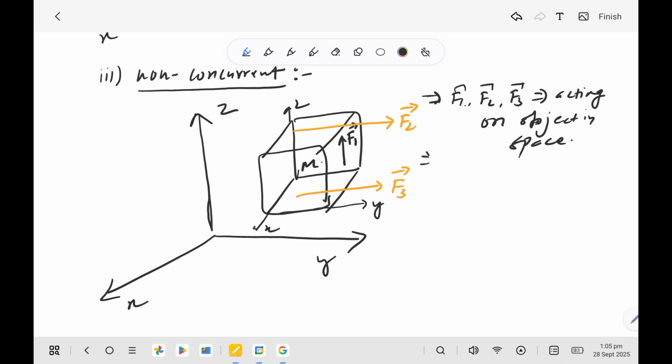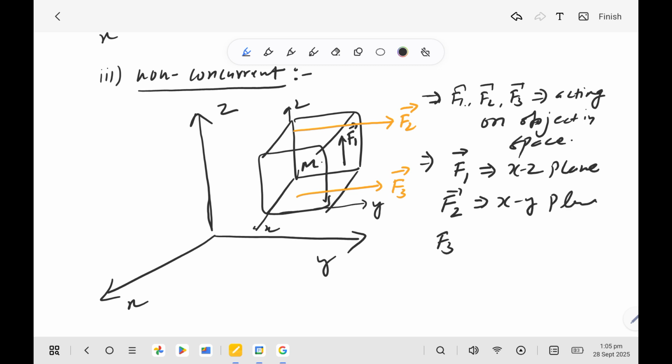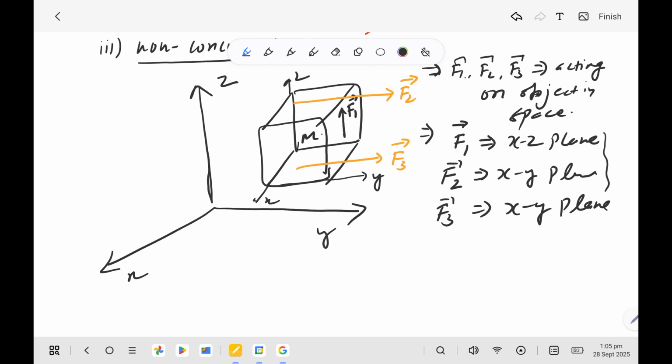F1 lies in the XZ plane, F2 in the XY plane, and F3 also in the XY plane.